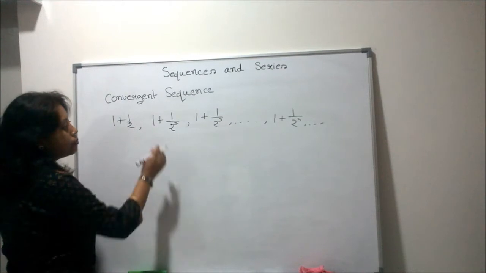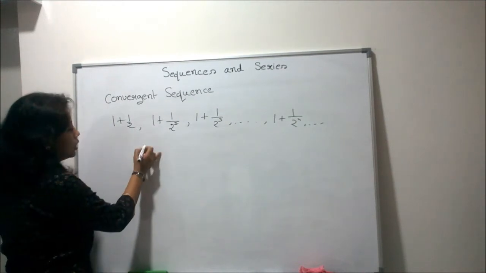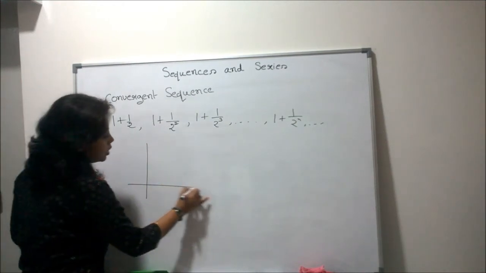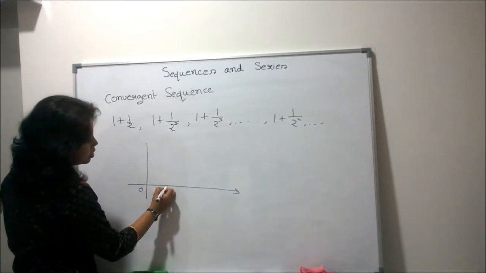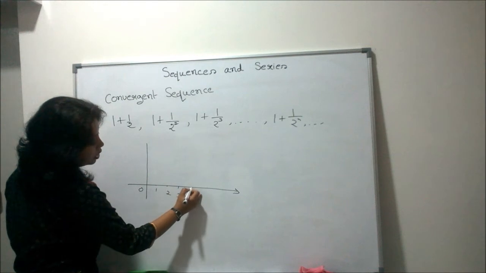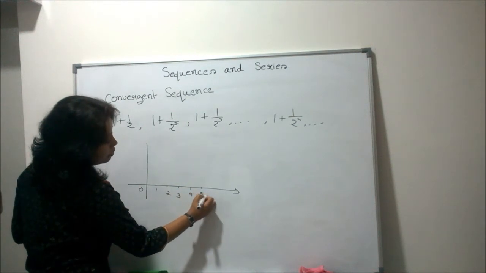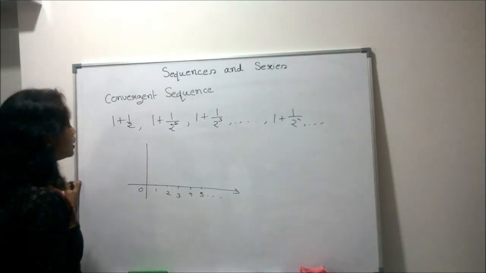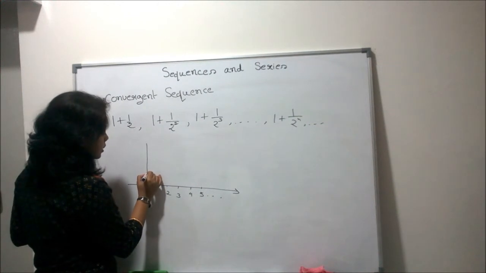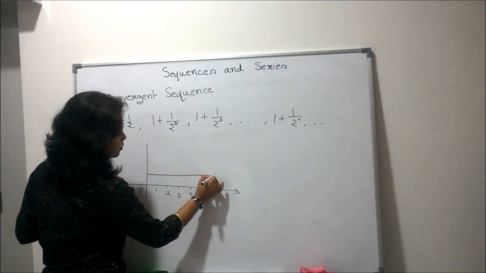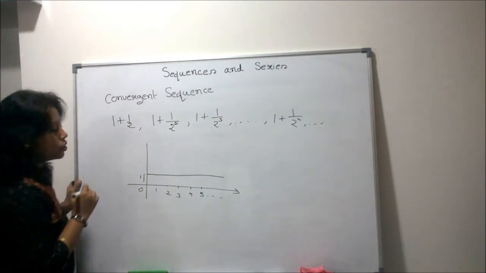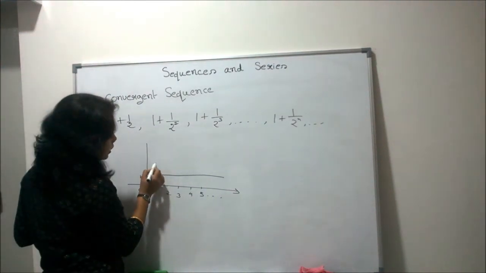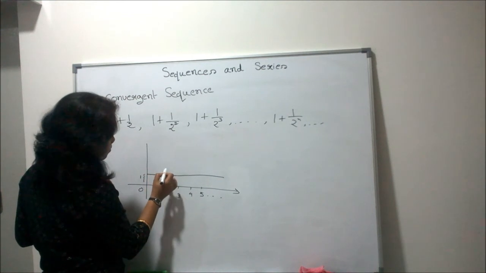If we represent the terms graphically, along the x-axis we mark the term numbers 1, 2, 3, 4, 5 like that, and this line is y equal to 1.